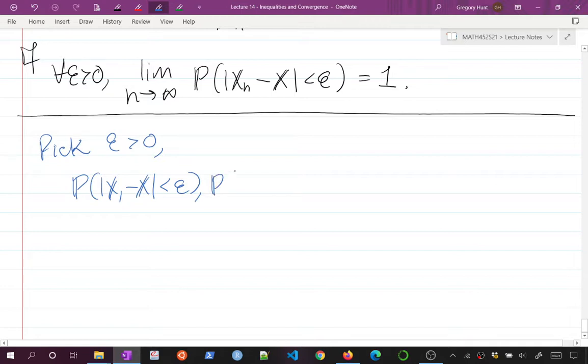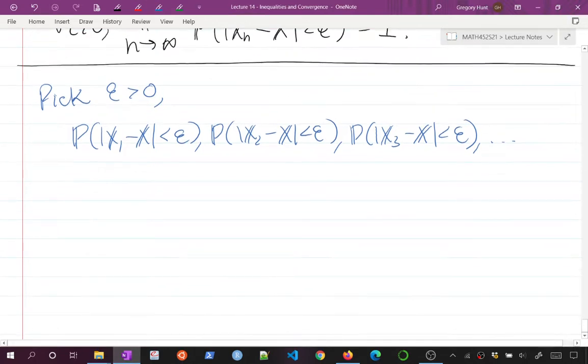Then we calculate the probability that X2 is less than epsilon from X. Then the probability that X3 is less than epsilon from X, and so forth. We can do this out to infinity, and this sequence of probabilities should, in its limit, achieve 1.